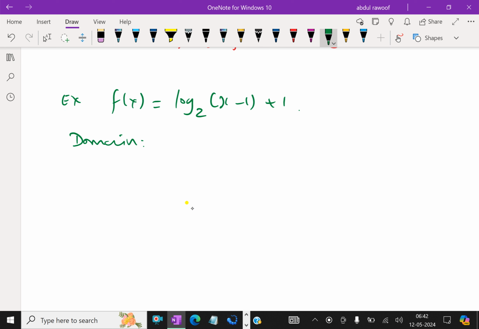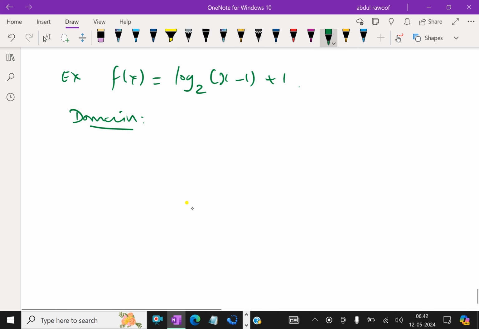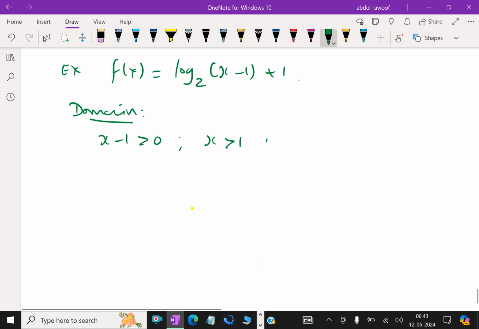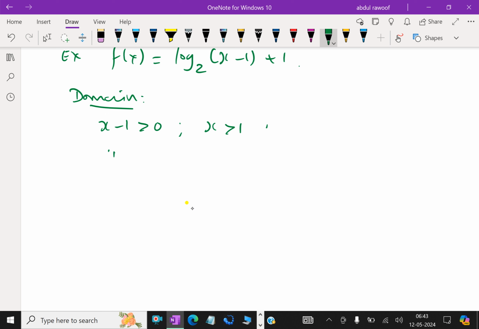For the domain, x minus 1 must be greater than 0, positive. Therefore x is greater than 1. This is the domain. Therefore, domain you can write as x such that x is greater than 1.